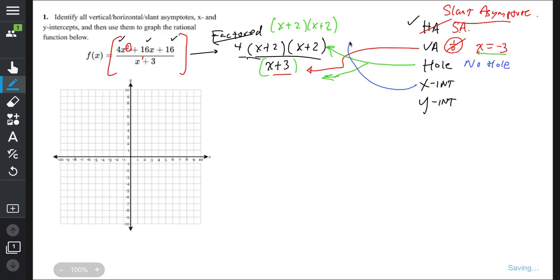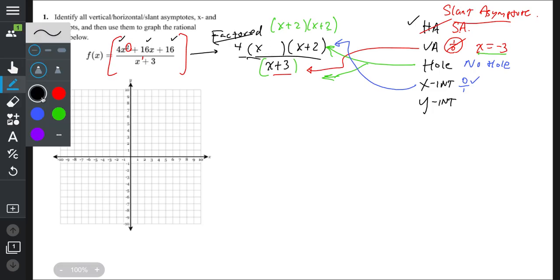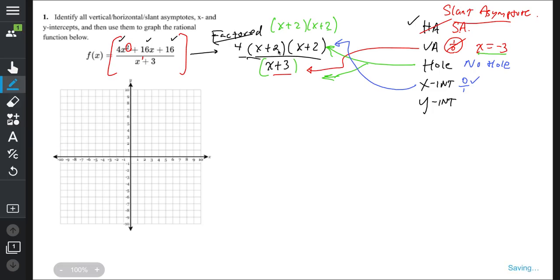X-intercept. X-intercept is found in the top. You are allowed to have 0 in the numerator. This is okay. Can you think of any x's that will make any of those factors 0? Well, you have a repeating factor, so there's only one x that you need to calculate that will make both of them 0, which is still going to give you an x-intercept, and that is -2.